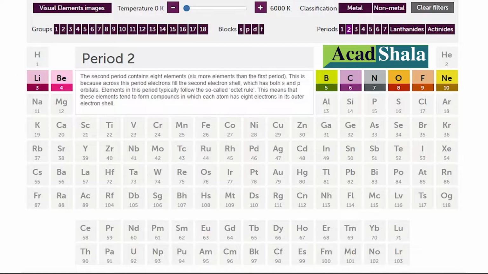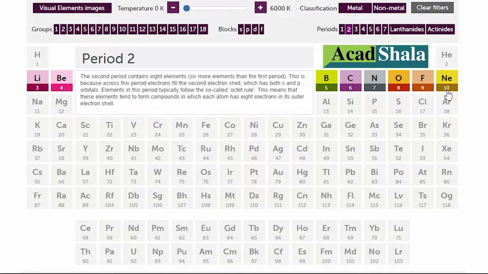On moving from left to right across a period, listen carefully children, the number of valence electrons increases from 1 to 8.